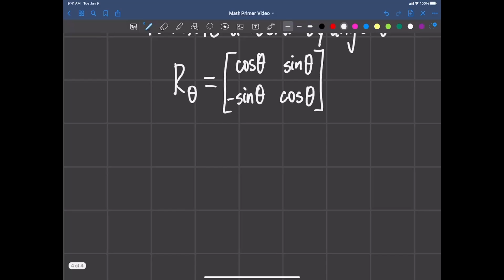A few other useful linear transformations, or operators, include the identity transformation, stretch and squash, skew, and flip. Linear transformations can also be known as operators, and operators can actually be multiplied together.